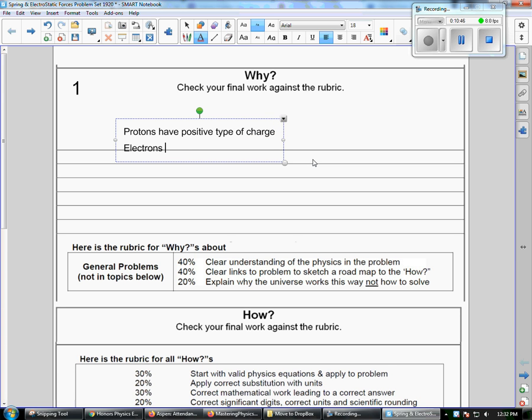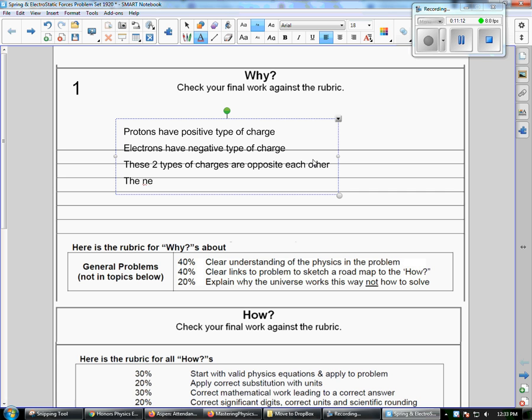Electrons have negative type of charge. These two types of charges are opposite each other.